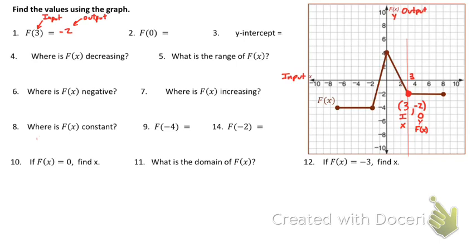All right, let's do number 2, just to make sure. f of 0. So again, we're using the function f, okay? And we're inputting 0. So here's my input. I'm going to have an input of 0, so I'm going to look on the input line. Here's the input of 0.